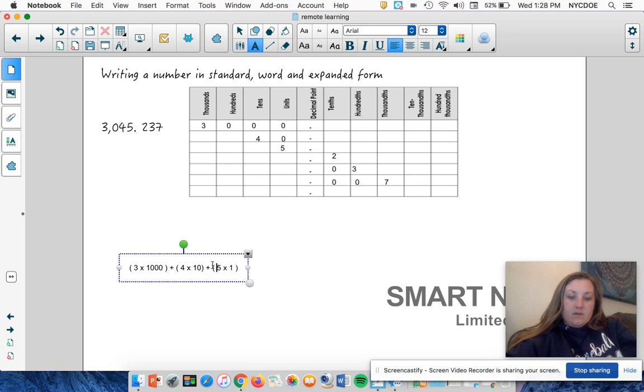My whole number. Now, with my decimals, I'm going to be writing it a little different because it's part of a whole. So it's a fraction in expanded form. We did not write my expanded form in exponential notation over here. We're going to do that after. First, I just wanted to write it like this.